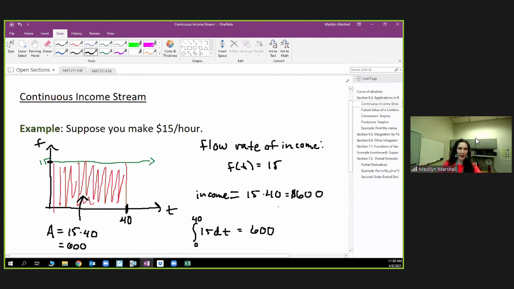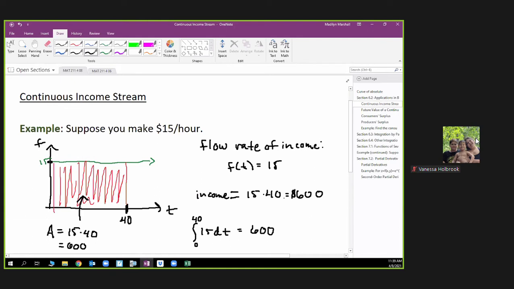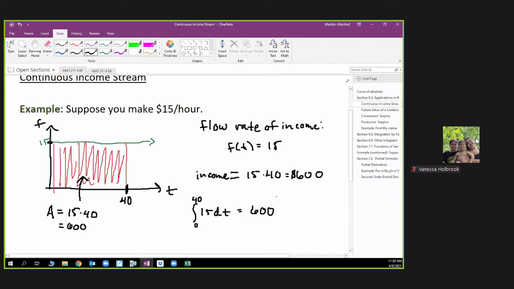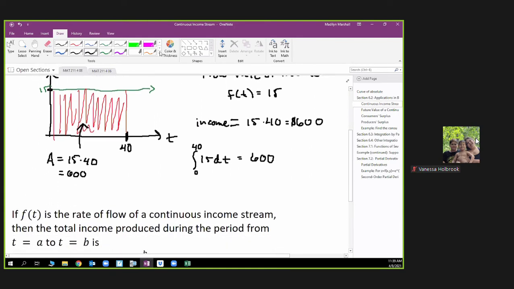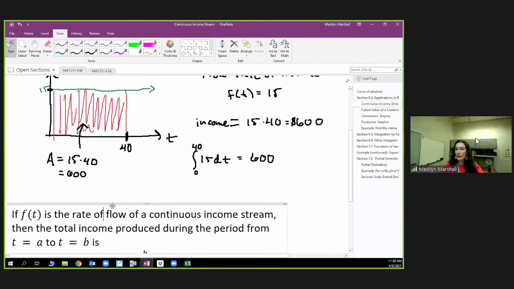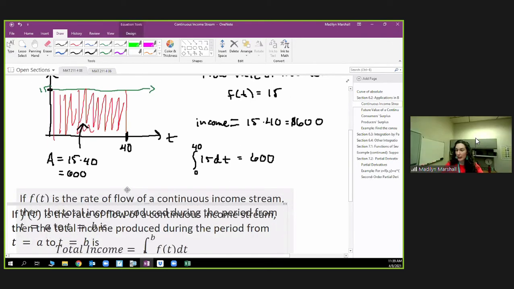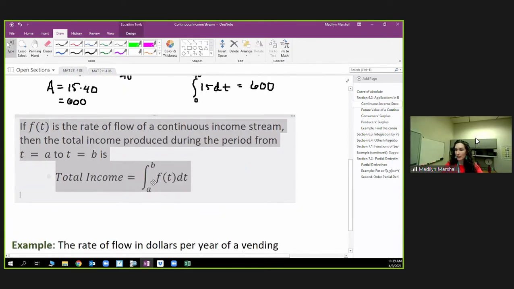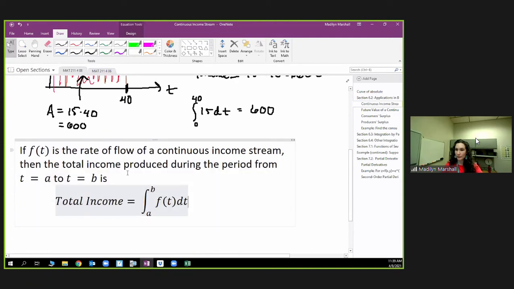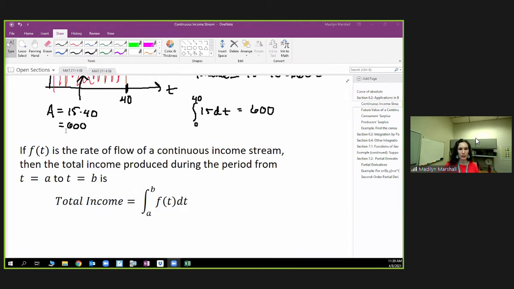Then we're not going to have a nice rectangle and we can use calculus. So the definition here and the formula for total income. Okay, we're fine, sorry.